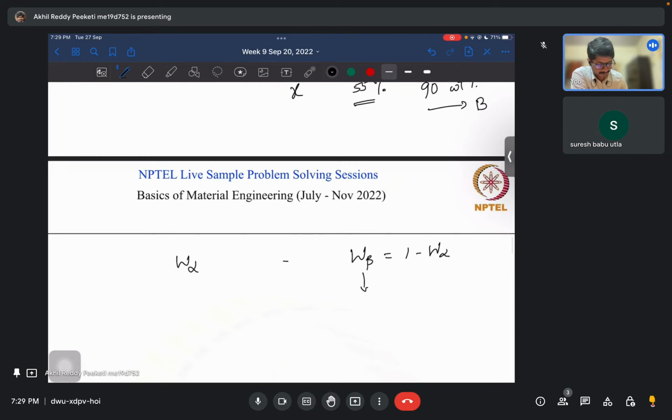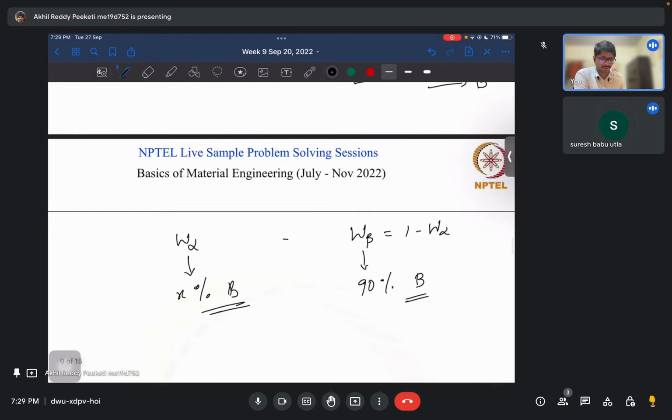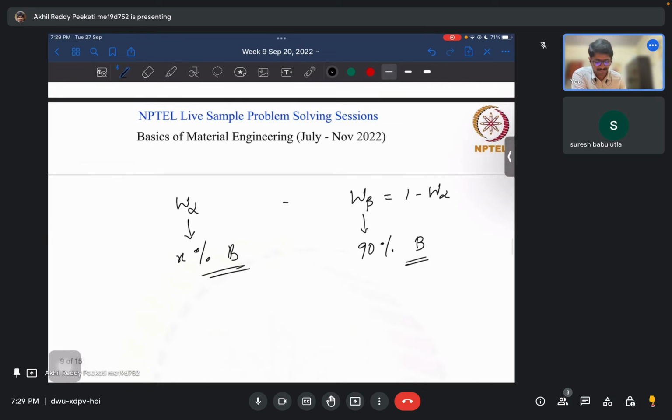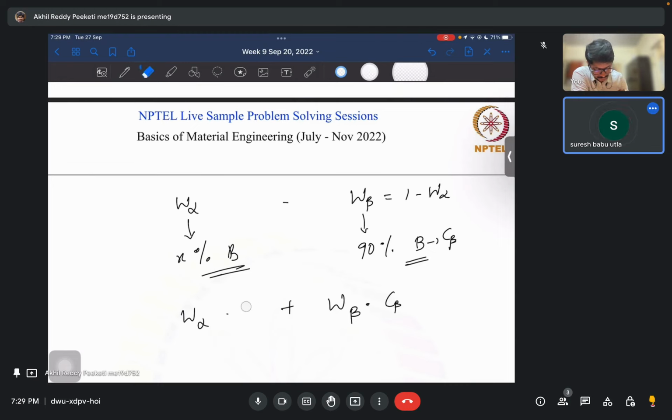Beta can have only 90% B, and alpha will have some X% B. Now the total composition when you have both is their fractional proportion: W alpha into X plus W beta into C beta.